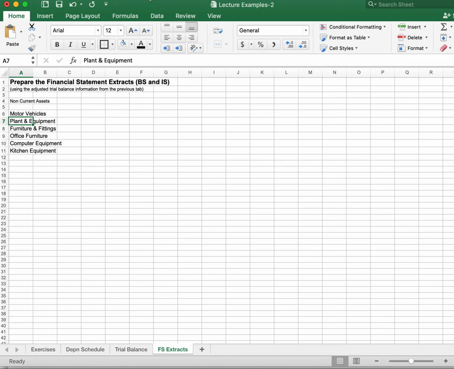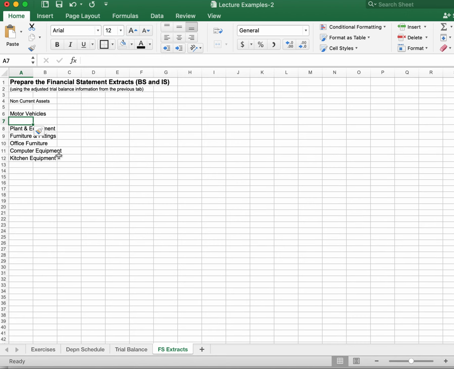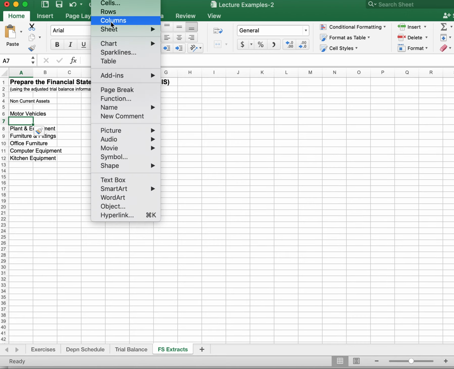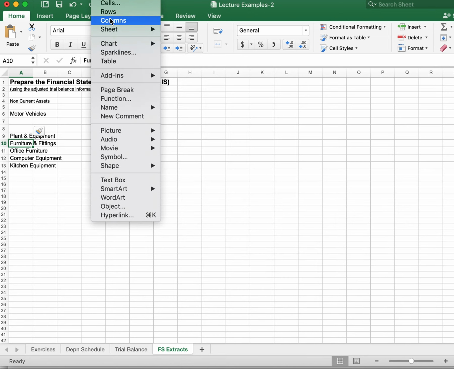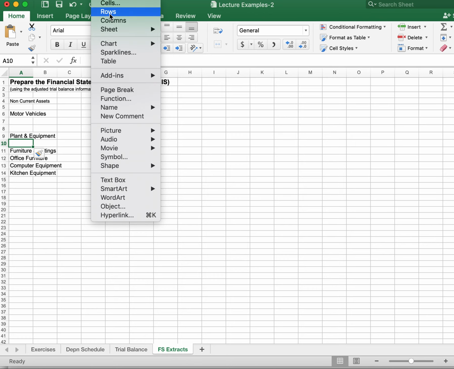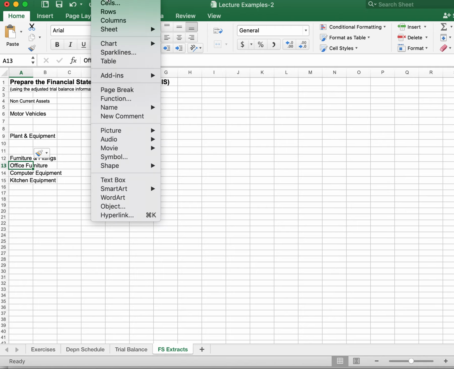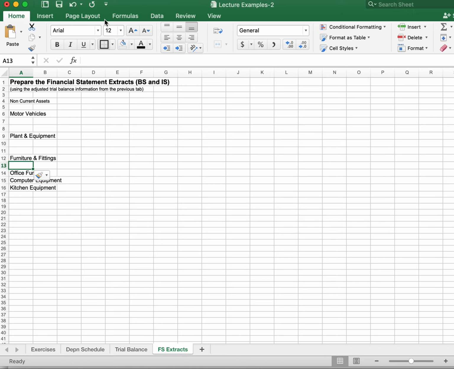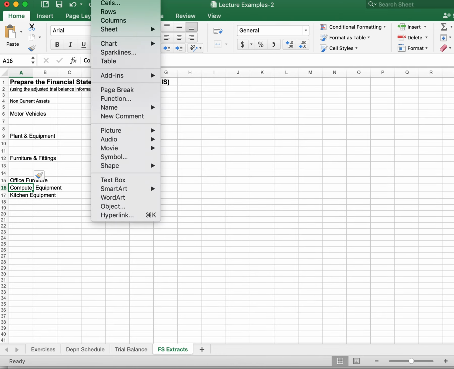And what I'm going to do is put a bit of a space in between them. I have to start doing that. So it's just sort of formatting them a bit.